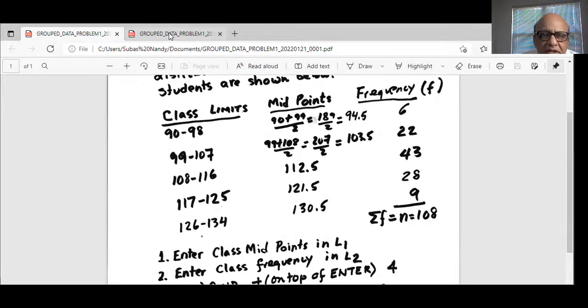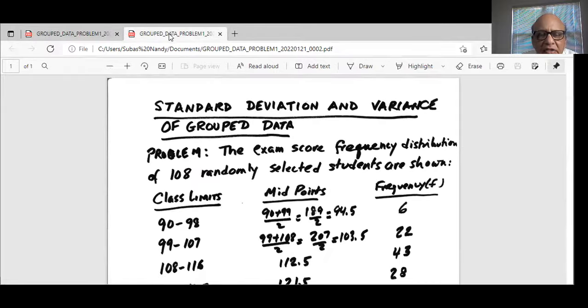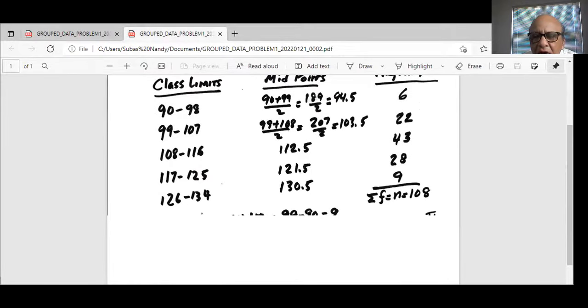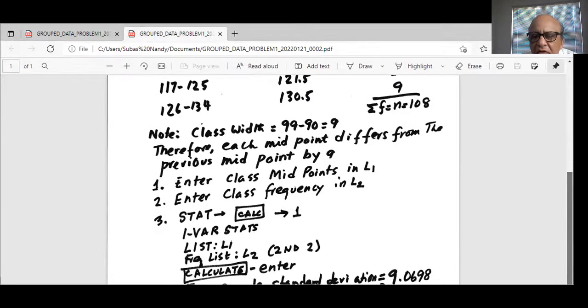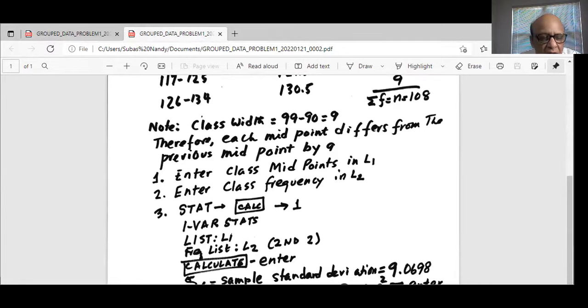Now with the same data set, we can calculate a standard deviation. Same idea, enter midpoints in L1, frequency in L2, and then you highlight stat, then highlight calc, press stat, highlight calc, and 1.